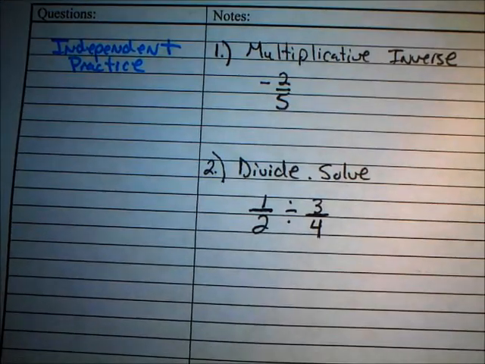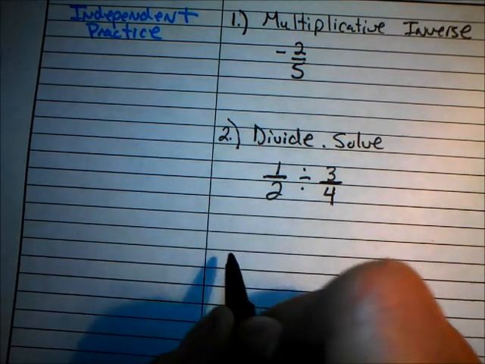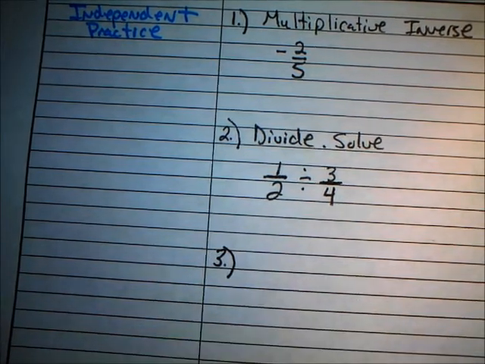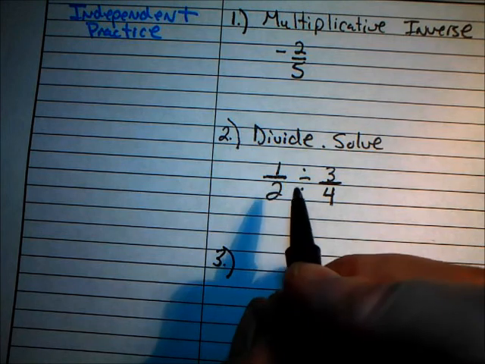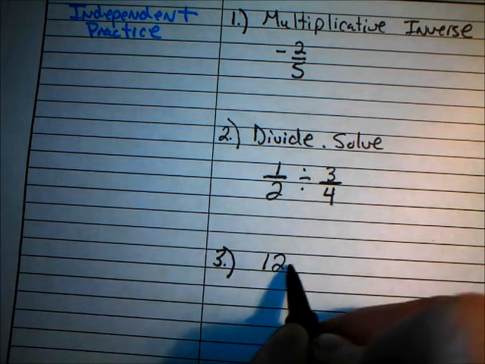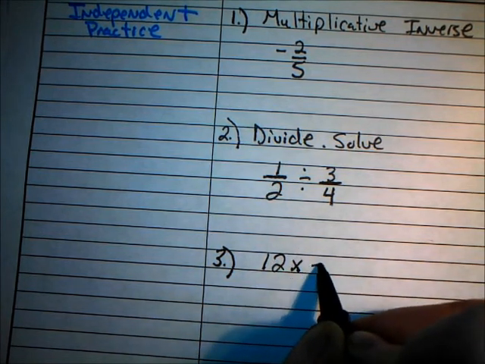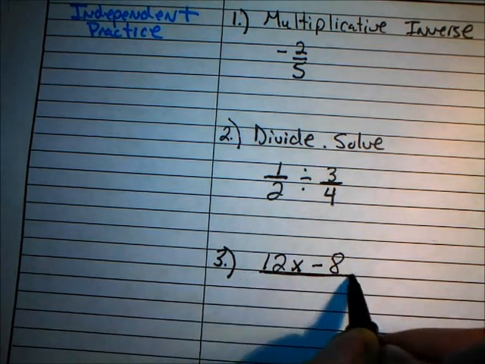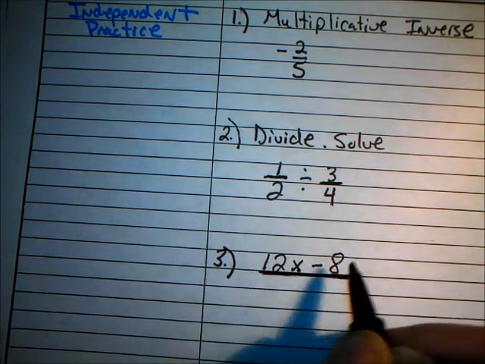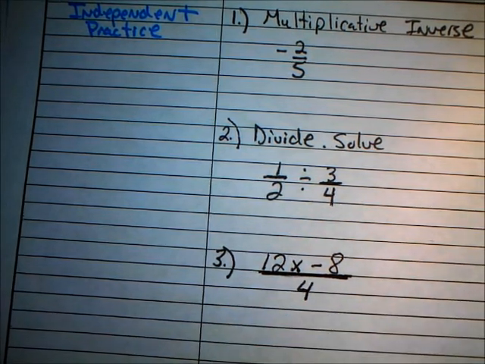And then number 3, I'll give you 12x minus 8 all divided by 4.